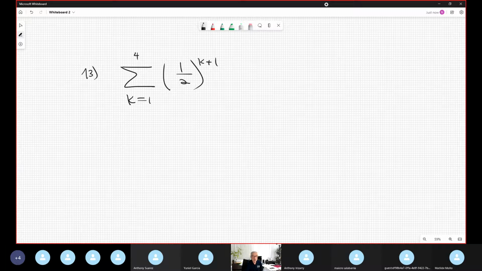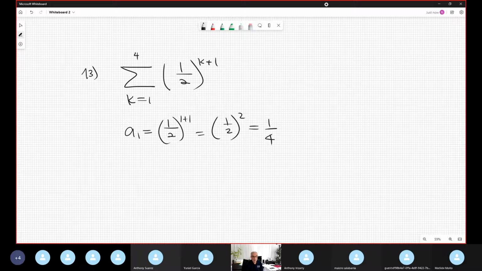Okay, let's do it in the first way. In order to determine A1, you evaluate k equal 1, so 1/2 raised to the 1 plus 1, which is 2, 1/2 squared, which is 1/4. And A2 is 1/2 raised to the 2 plus 1, which is 3, 1/2 raised to the third power, is 1/8.